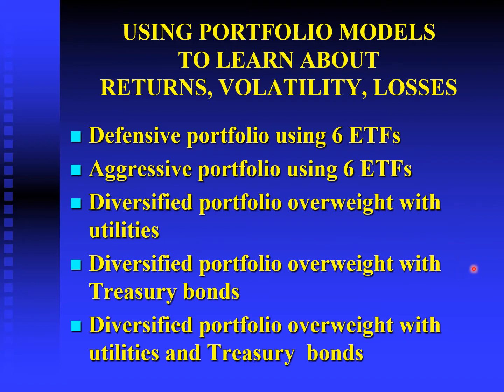I will then also show you the performance of a diversified portfolio like the S&P 500 when you overweight with treasury bonds. And I will also show a diversified portfolio overweight with both treasury bonds and utilities. By looking at their performance, we can learn a lot, believe me, a lot about managing risk.